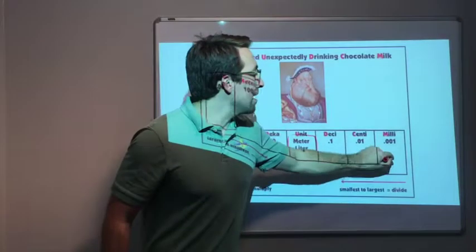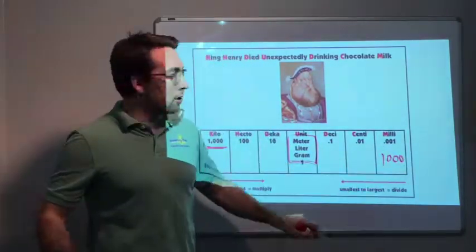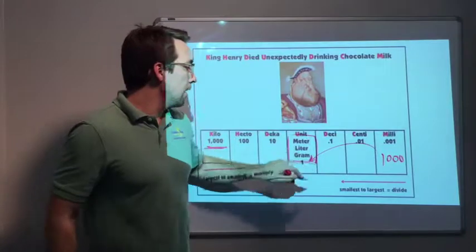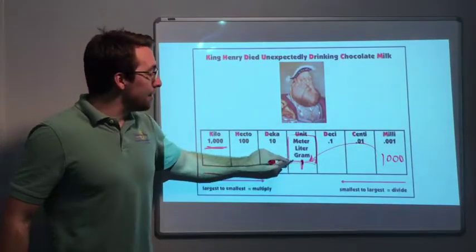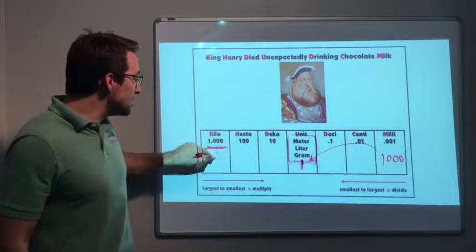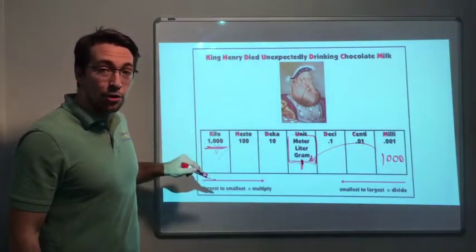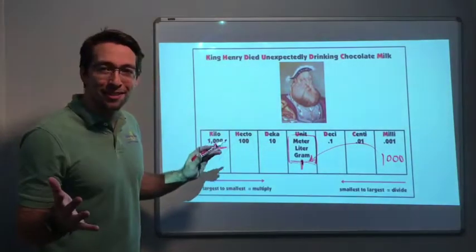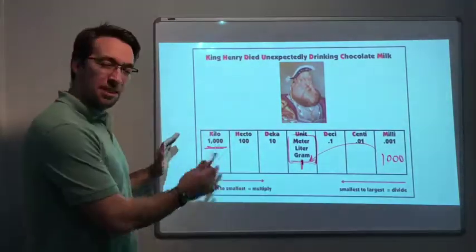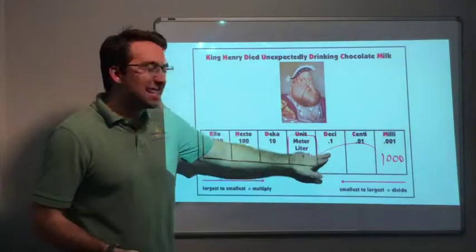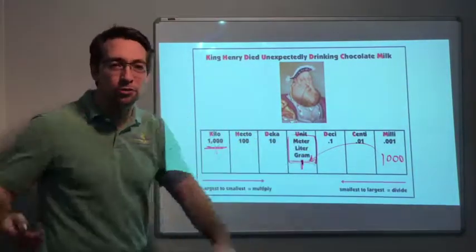There are 1,000 millimeters in a meter. There's 1 meter, right? 1,000 in 1 meter, and then there is 1,000 meters in a kilometer. It's pretty cool. So just understand, 1,000 is the biggest you're going to deal with, and deci means 10, centi means 100.